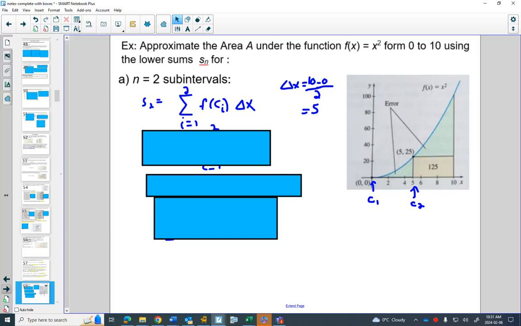On the graph, you would have 0, 0. So your first C1 is going to be 0. And you have the point 5, 25. So your C2 is going to be 25. Again, you're using the minimum values of that rectangle.